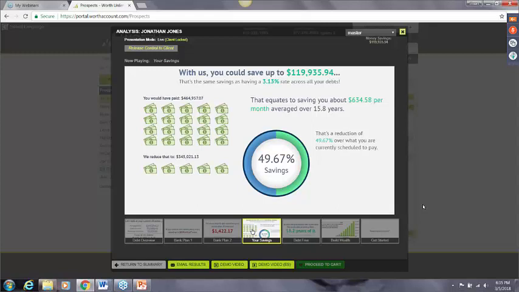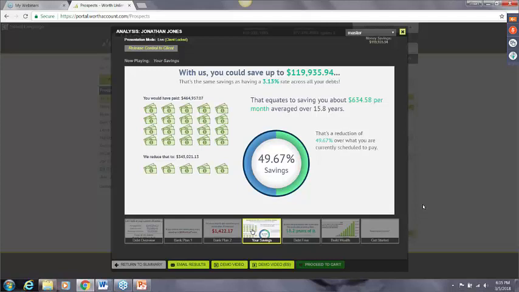We reduced that to $345,021. That equates to a savings of about $634.58 per month, average over 15.8 years. That's a reduction of 49.67% over what you are currently scheduled to pay.